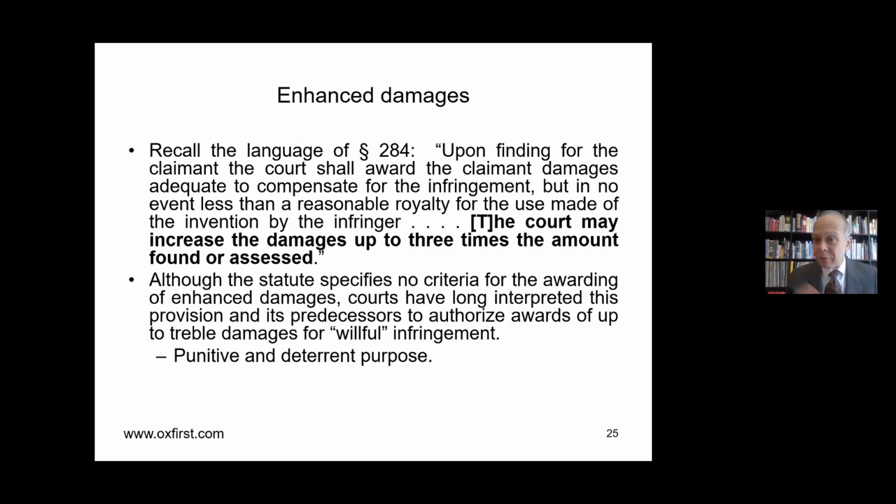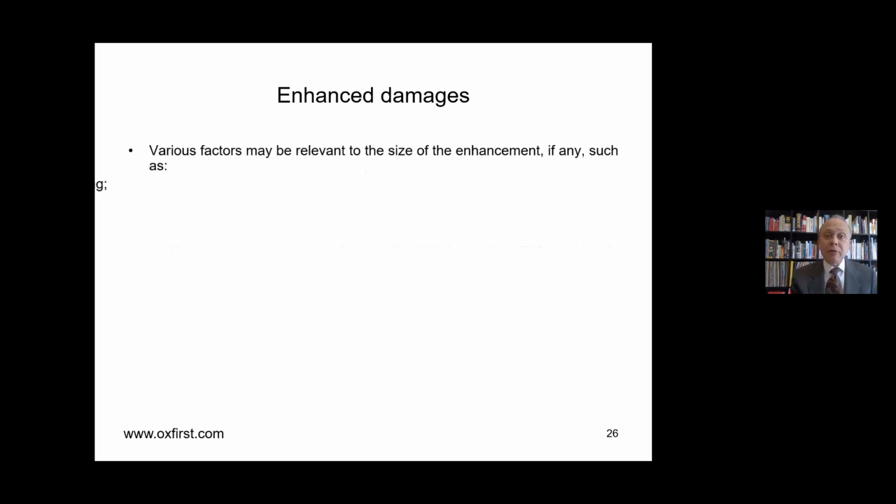So kind of similar to the rationale for punitive damages in tort cases in the United States. If there is a finding of willful infringement, and a court decides to enhance damages or is considering whether to enhance damages, then traditionally various factors have been relevant in determining the size of the enhancement. It is not an automatic trebling as we have, for example, in US antitrust law. This is discretionary. The court may enhance the damages up to 3 times.